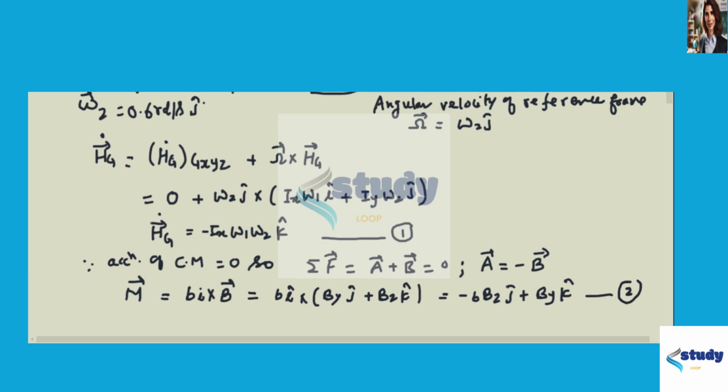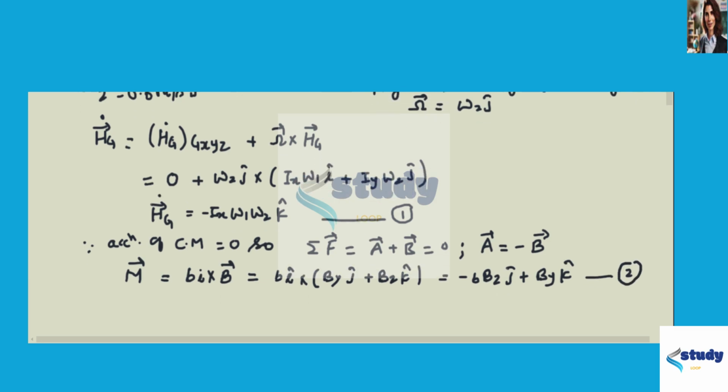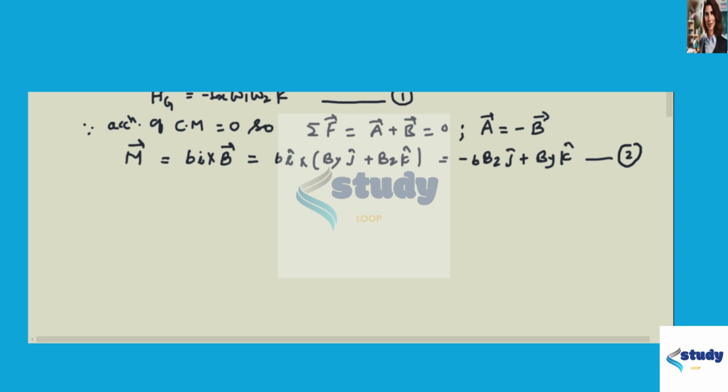So from equation 1 and 2, we can say the couple is equal to the rate of change of angular momentum.